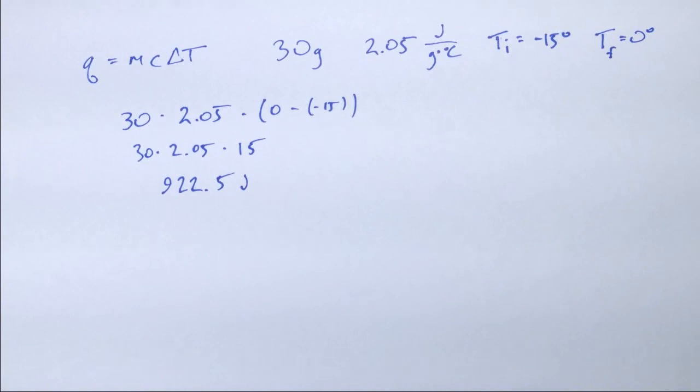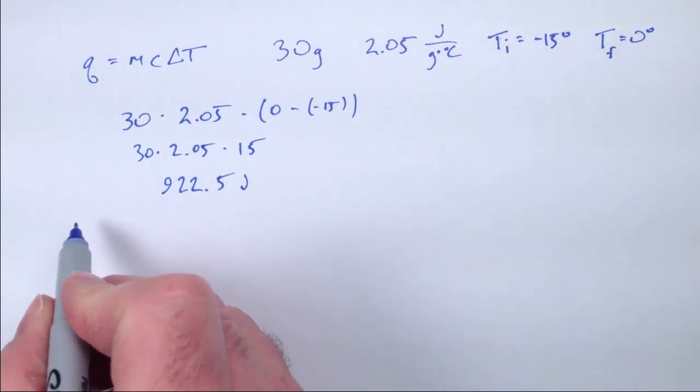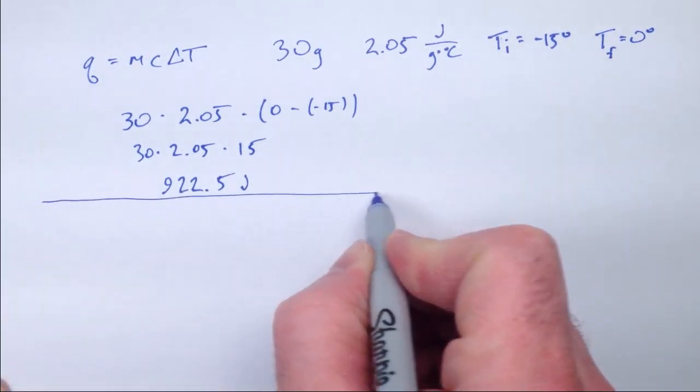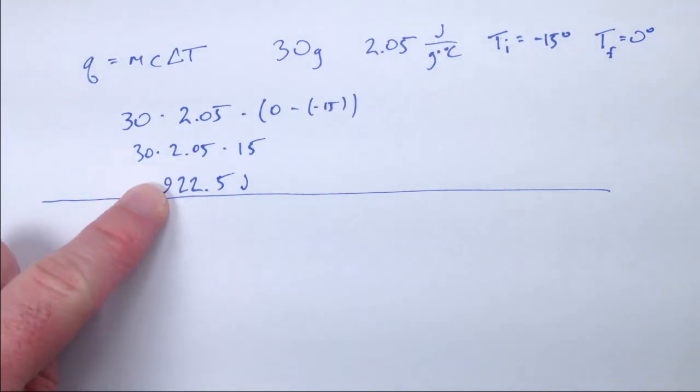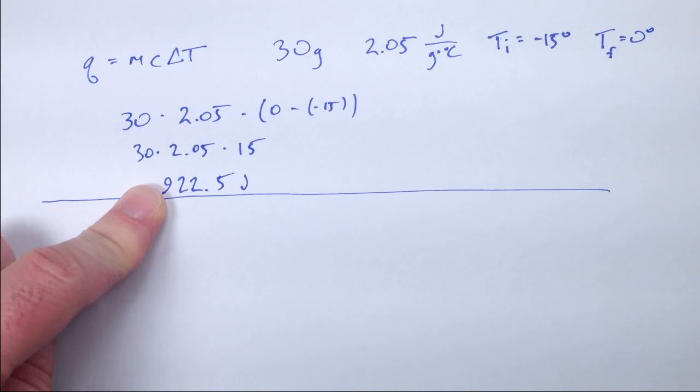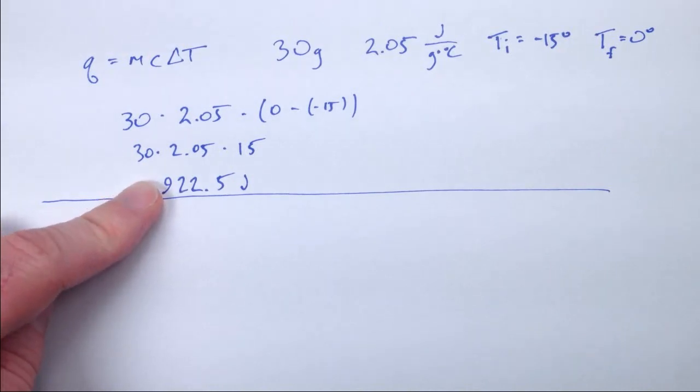At this point, we've got 30 grams of water. So if room temperature is 20 degrees Celsius and this water is starting out at 0, if you do this equation again, you should be able to figure out how much energy it's going to take. Well, this is the amount of energy it took to get the ice up to water.